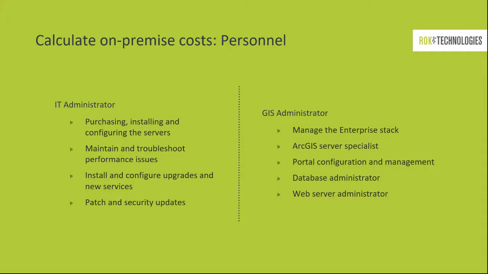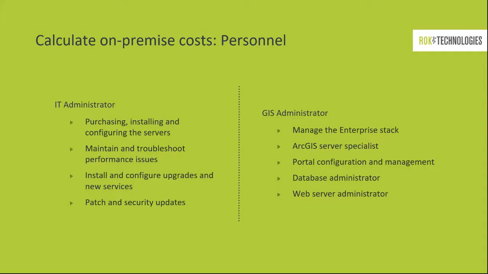So let's take a look at what the roles for IT and GIS were going to be for Cloud City. They realized that if they were going to invest in this on-premise, IT was going to be tasked with numerous duties, including purchasing, installing, configuring those servers, maintaining, troubleshooting. If they had performance issues, they were up to bat. That was their responsibility.